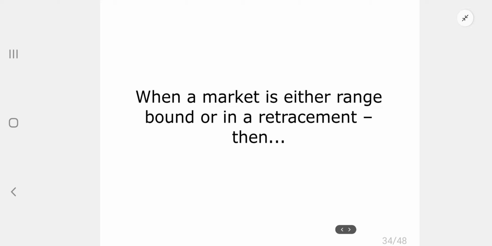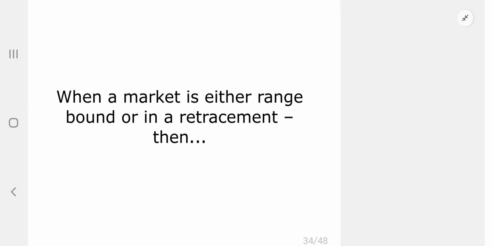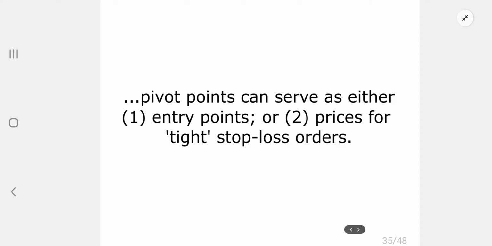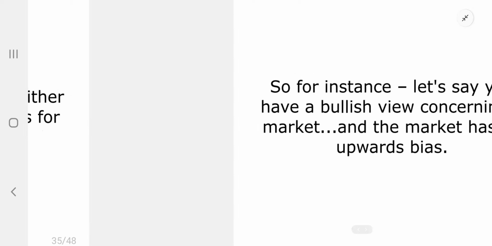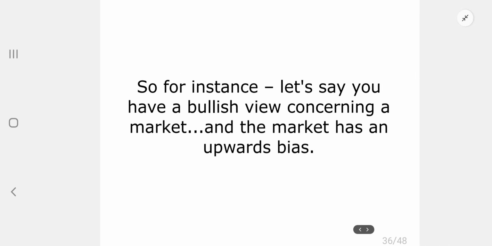When a market is either range bound or in a retracement, then pivot points can serve as either number one, entry points, or number two, prices for tight stop loss orders. So for instance, let's say you have a bullish view concerning a market and the market has an upwards bias.